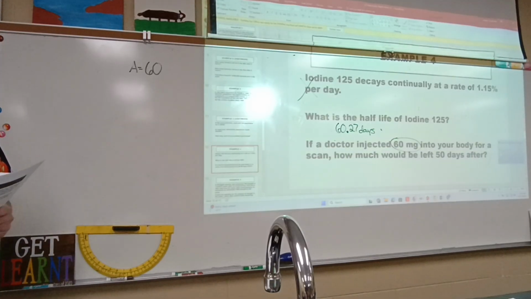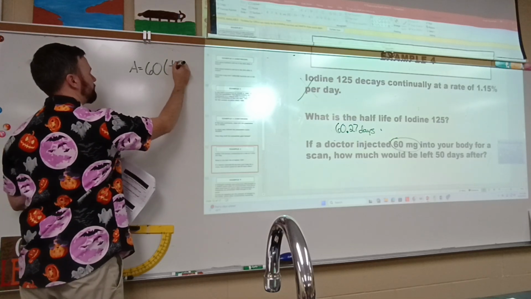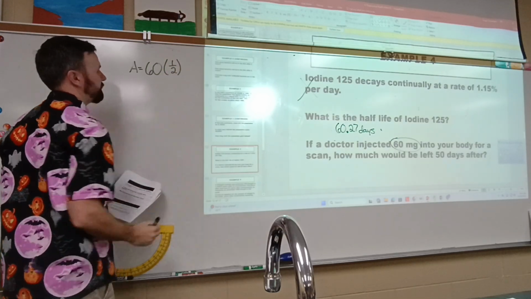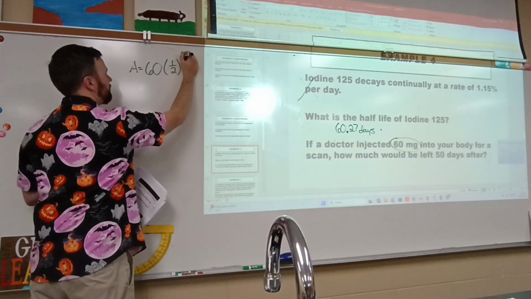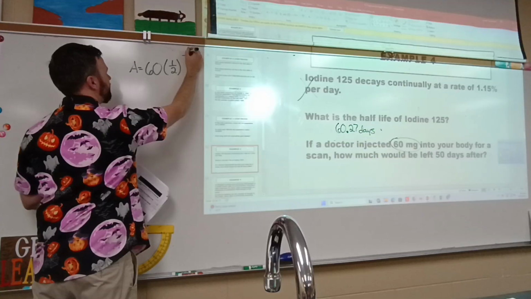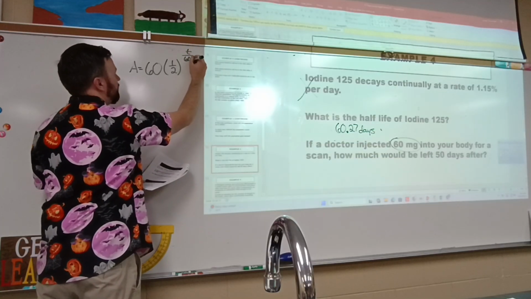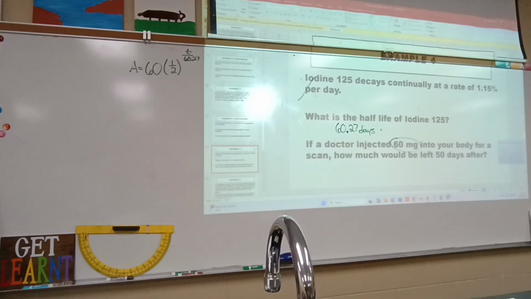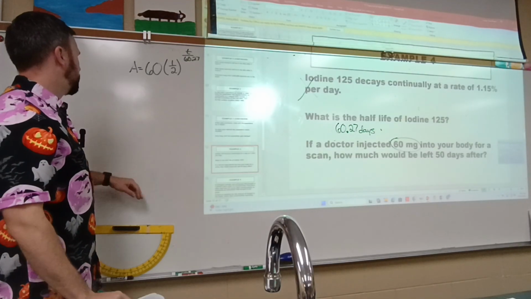It's not continuous. It's not a doubling. It's a half, right? And then it's my T over 60.27. This is not going to be accurate because I rounded the half-life to 2 decimal points. So it's not going to be highly accurate, but it will be something.